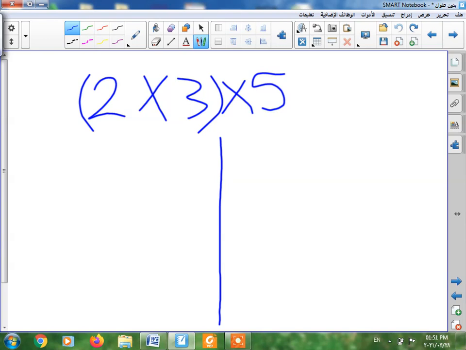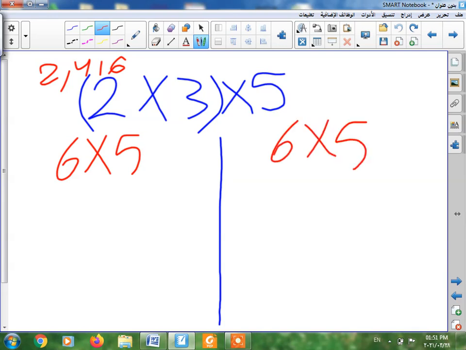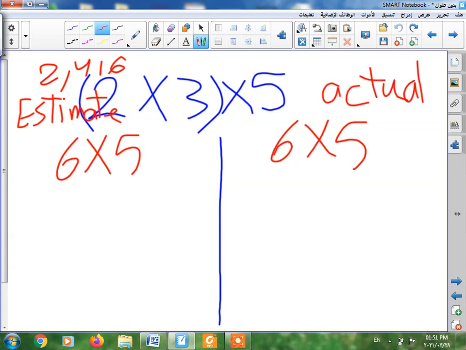Skipping 2 three times: 2, 4, 6. Skipping 2 three times equals 6. Then 6 times 5. This is the estimate and this is the actual. How do we find the estimate and actual?